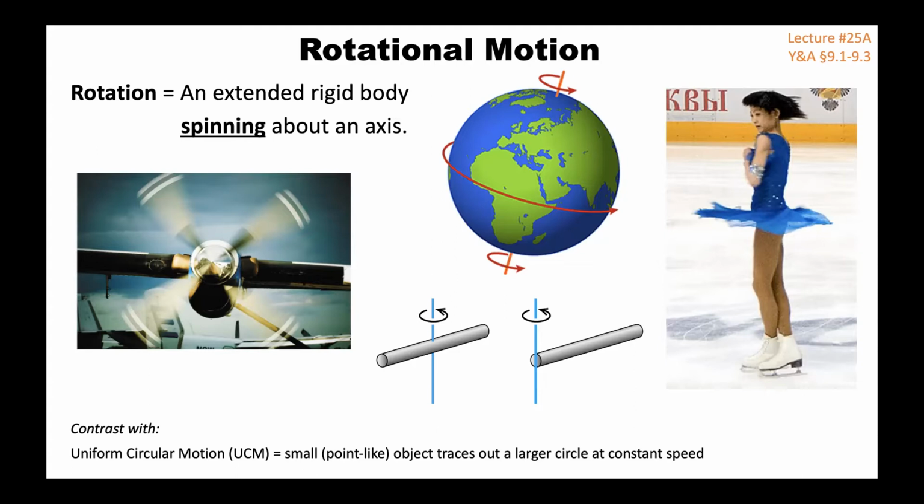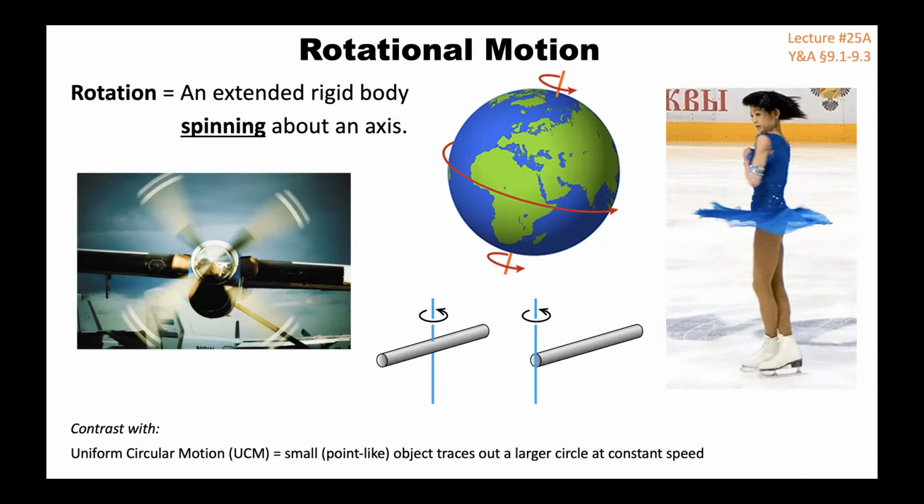The main thing I want us to contrast with, though, is when we think back to uniform circular motion. Uniform circular motion problems that we did a few chapters ago usually referred to small point-like objects, small objects that we can pretend are like point masses because they're tracing out circles that are much larger than the object itself.